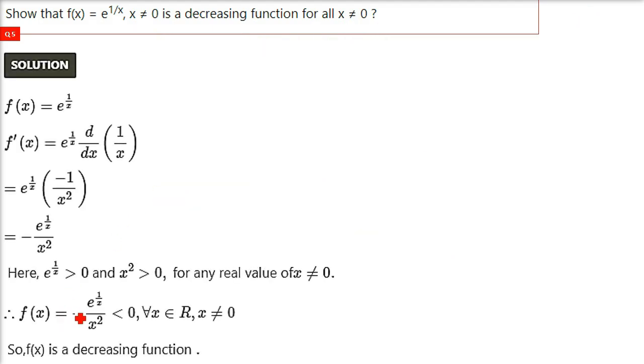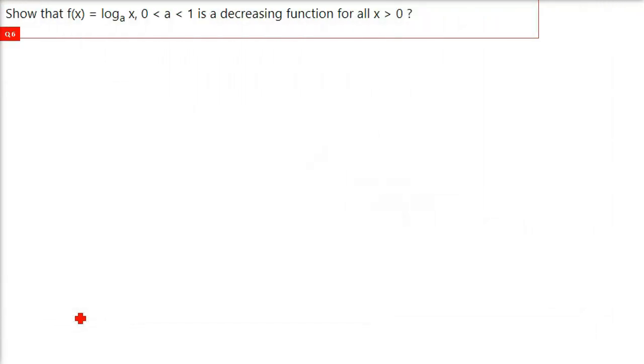So how are we going to solve it? This is the result which you have just seen. Show that the function f(x) = log base a of x. Now in the initial discussion, at various points where this log has come, I have tried to explain what this log is. We call it ln x, natural log, and anything which has a base is log base a of x.